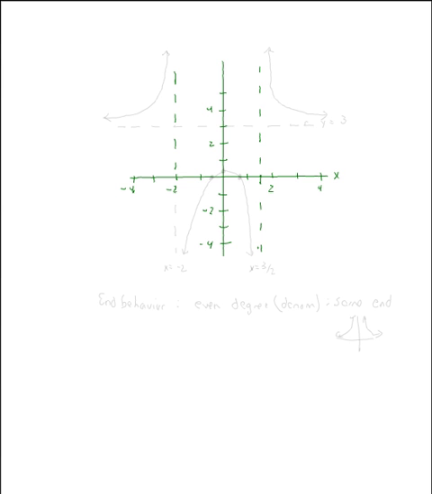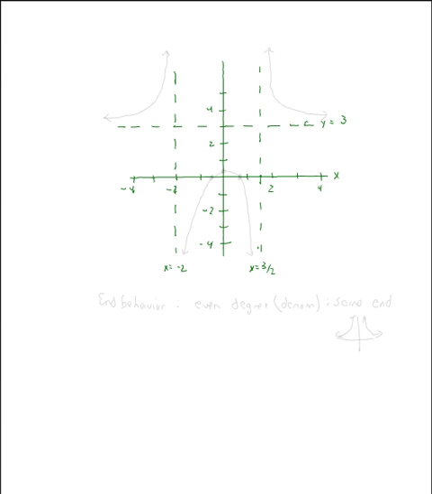Next we took a look at horizontal asymptotes. We did have a horizontal asymptote where y was equal to 3. And so we have our form for our function: horizontal asymptote at y equals 3, vertical asymptotes when x was -2, and when x was 3/2.